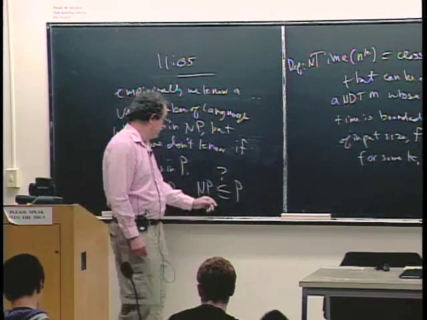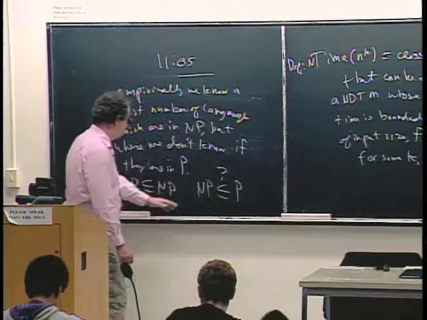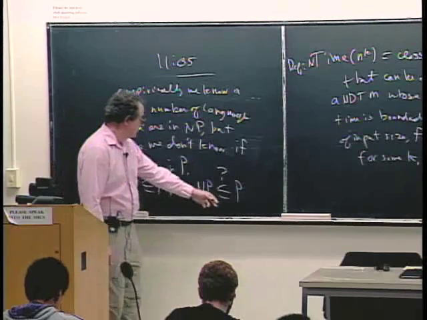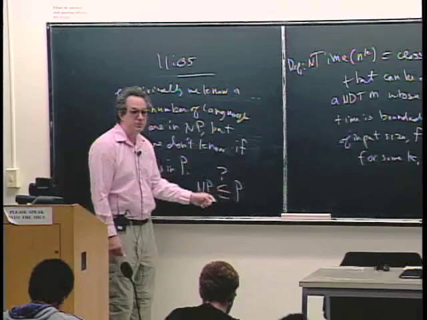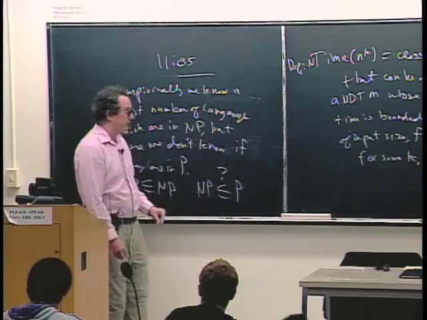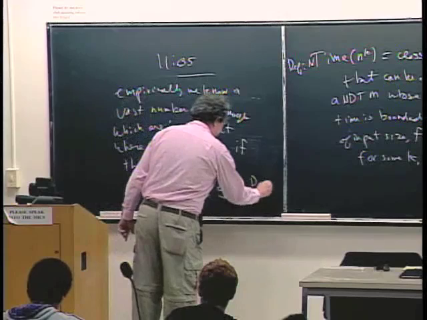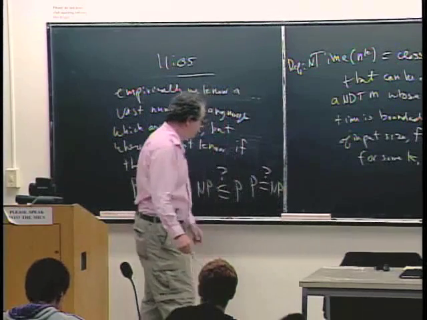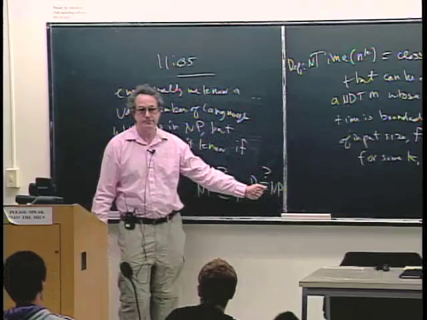Okay? That's what this question says. And if this was also true, then it would follow that P equals NP. And so this is often just stated as the P equals NP question. Okay, is it true or not that P equals NP?